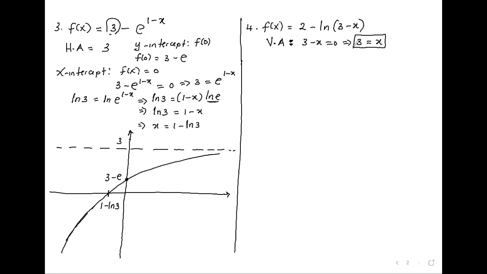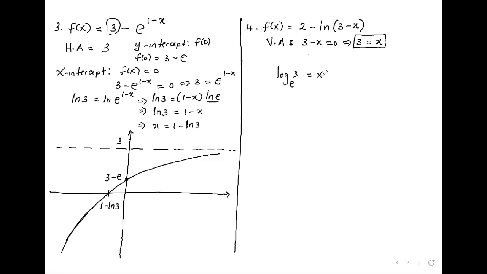Then we find the y-intercept. Because it's negative, 1 minus 3 in 3 is negative. Think of this, log 3 base e is equal to x. This is the value of that log.